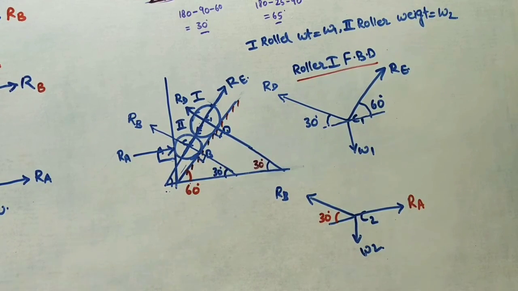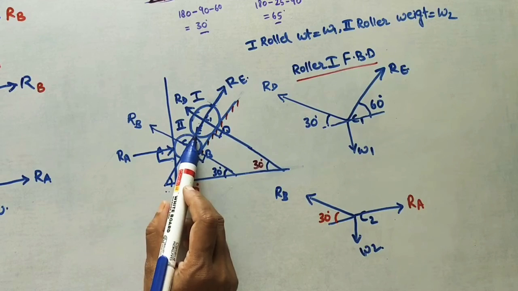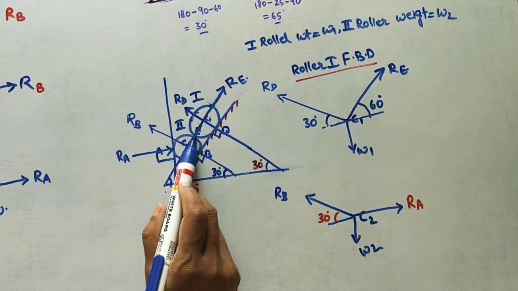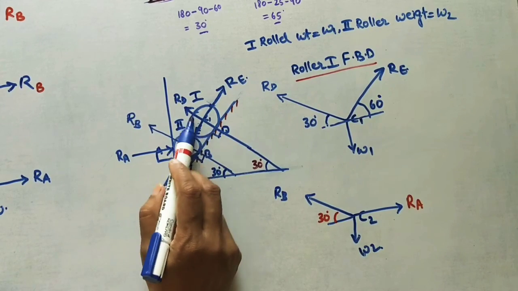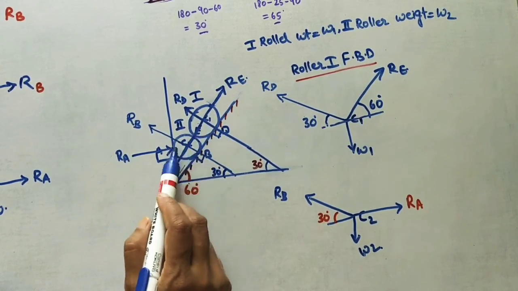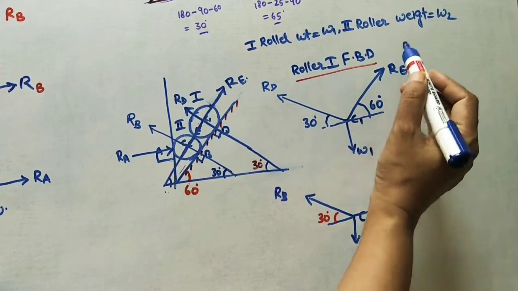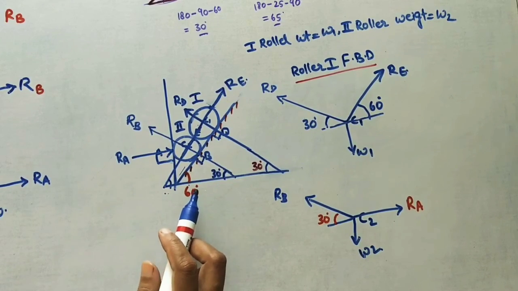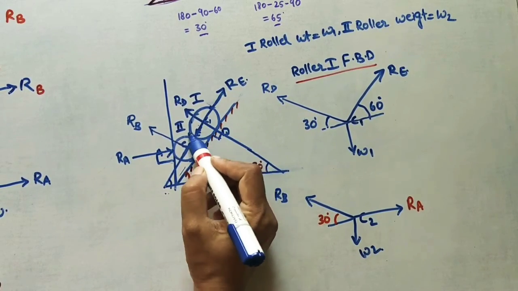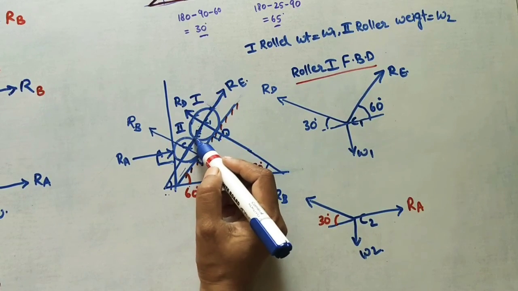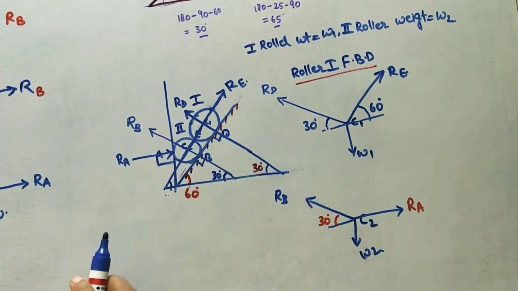And then here, which is the next contact point? E point, because A has completed, B has completed, and now the next point is E. In this diagram also, because E is the contact point of two rollers, RE is taken in upward direction. According to Newton's third law, whatever reaction is caused by this roller on the first roller, the same reaction comes on the second roller also.